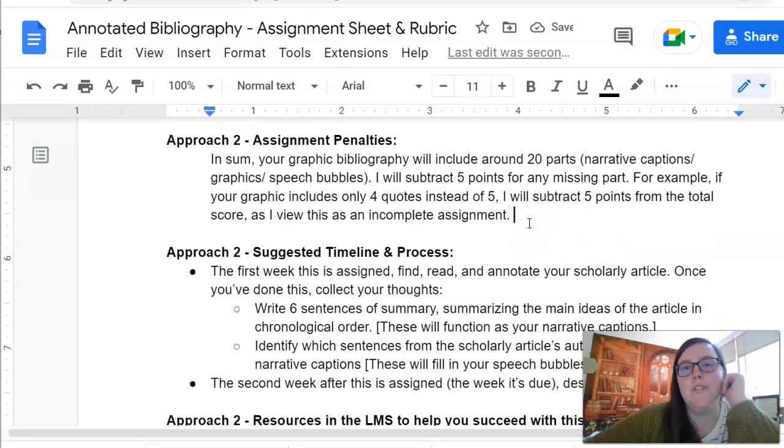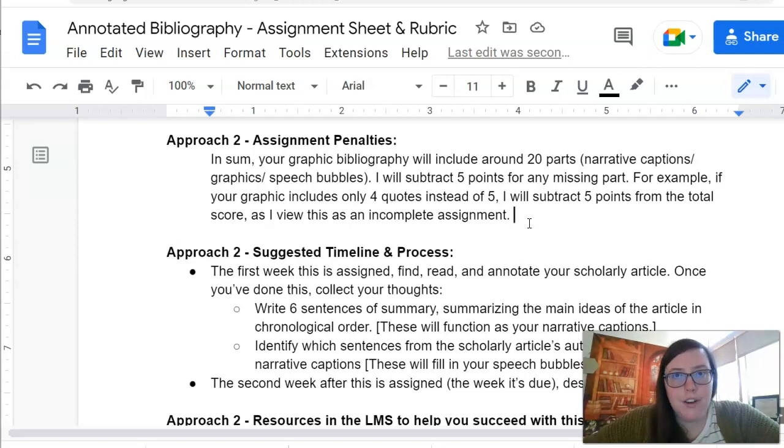Some assignment penalties. I was calculating all of the moving parts of this. There are about 20 parts with narrative captions, graphics, speech bubbles. If your graphic looks like it doesn't have everything that I'm looking for, I'm going to start counting. Does the student have 9 boxes? Does the student have 6 narrative captions?